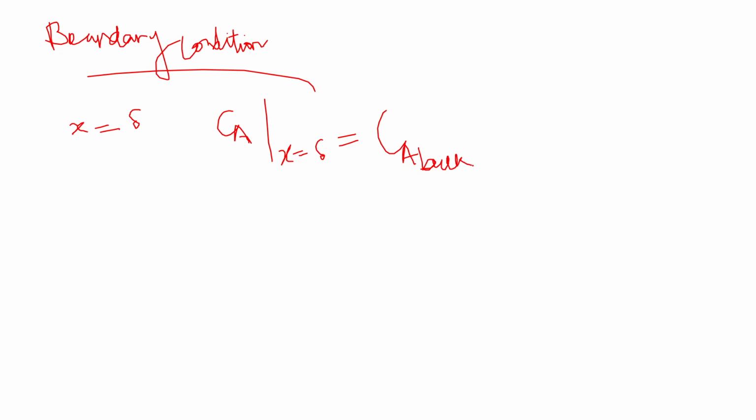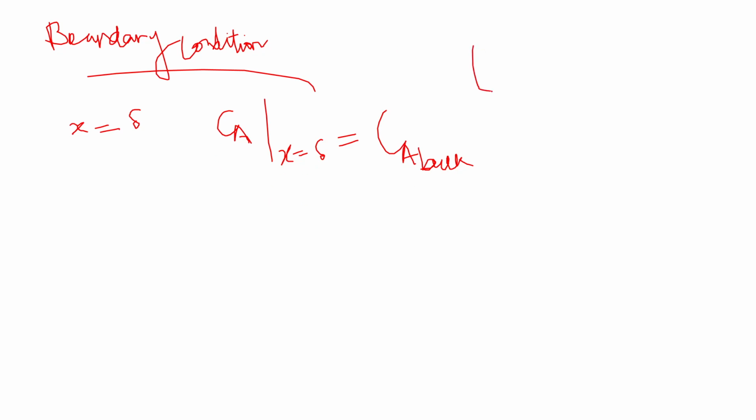At the interface, you'll see that at x equal to delta, CA equal to CA bulk. So that is going to be the first condition. Now what is the next condition?